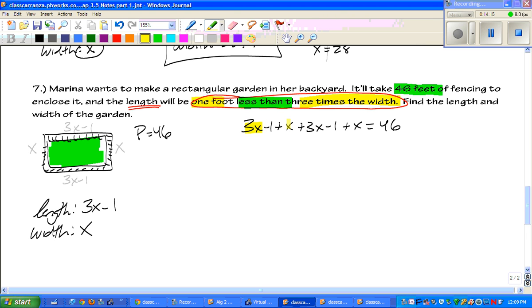Okay? Let's combine all the like terms. And we should get 8x minus 2 equals 46. Now, I think from here, you guys should be able to solve it. So I want you to pause the video and finish the problem.